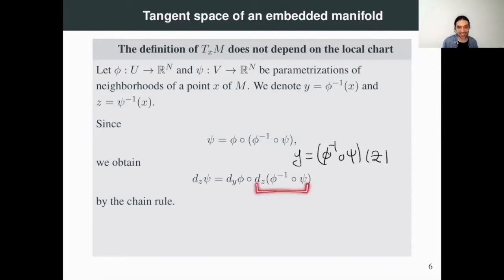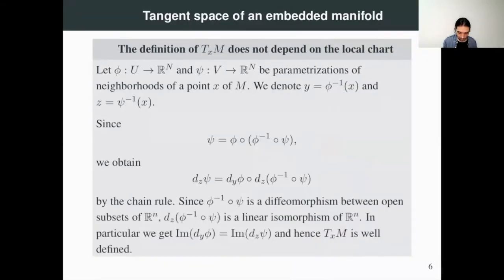So this is a linear isomorphism between R^n and itself, and in particular, the image of these two maps coincides. So our definition does not depend on the choice of parameterizations, and the tangent space of the manifold at the point x is well defined.